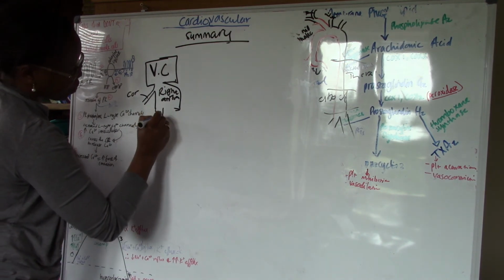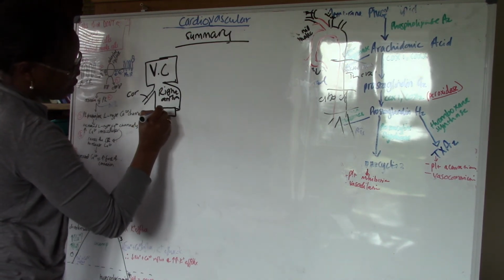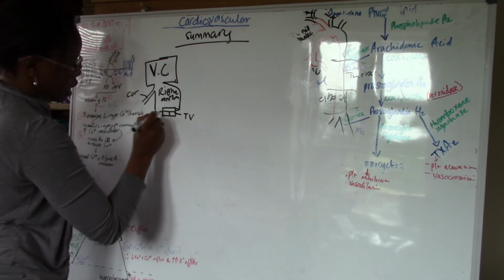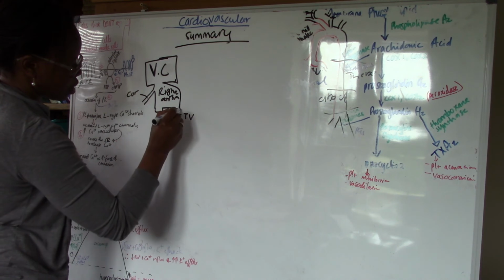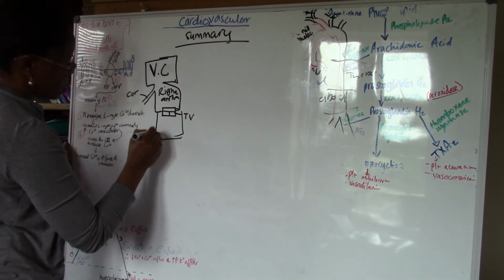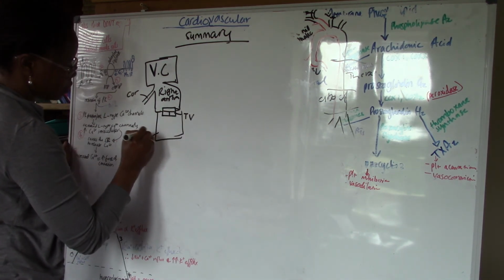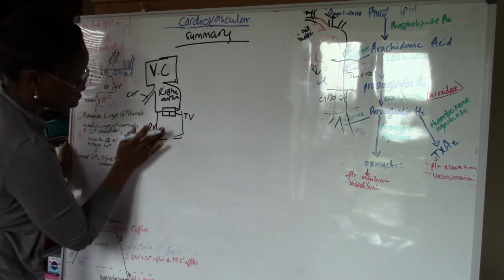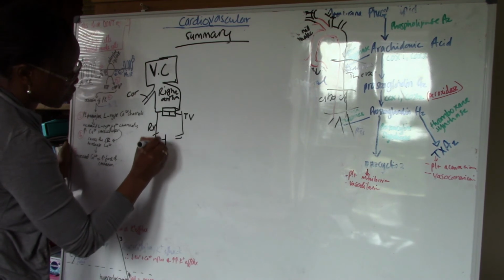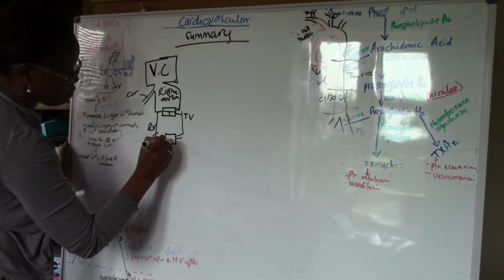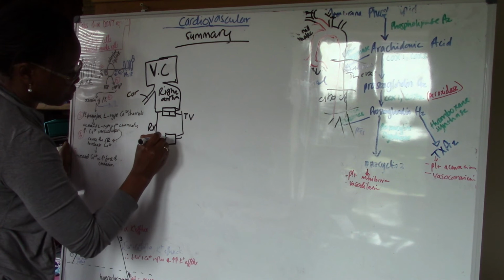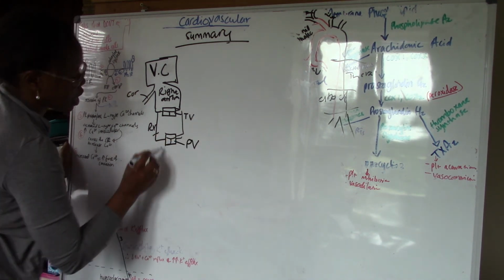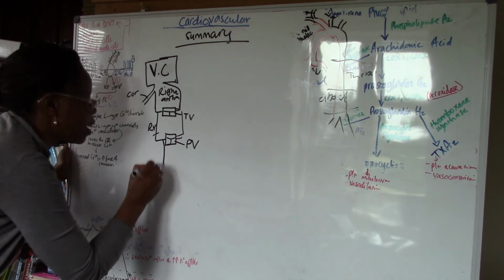passes through the tricuspid valve, enters the right ventricle, passes through the pulmonary valve, enters the pulmonary artery.